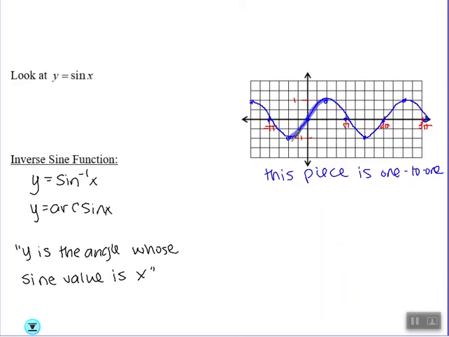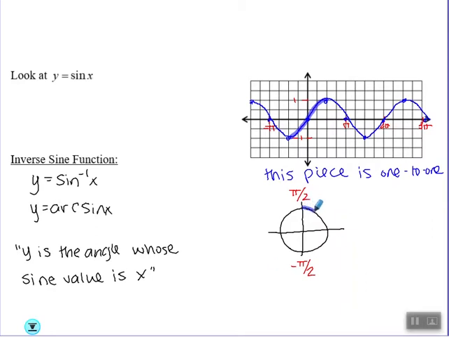Because we are only looking at part of the graph of sine of x when we do the inverse, if we look at the unit circle, we can only talk about inverse sine between negative pi over 2 and positive pi over 2.